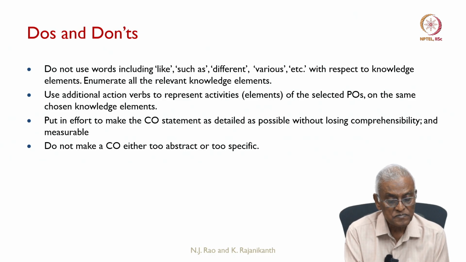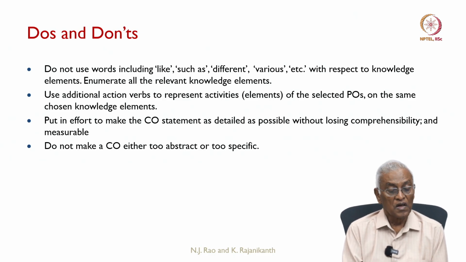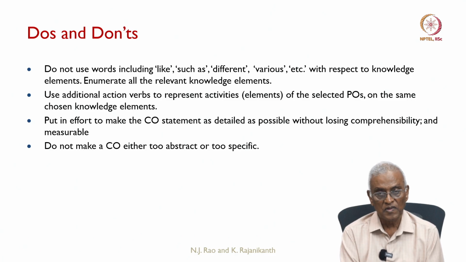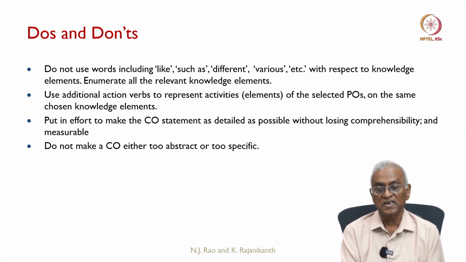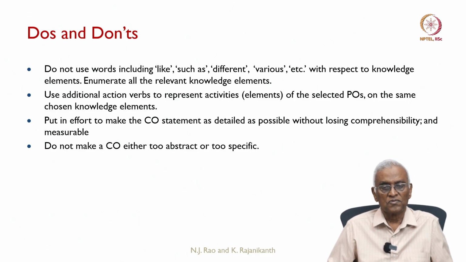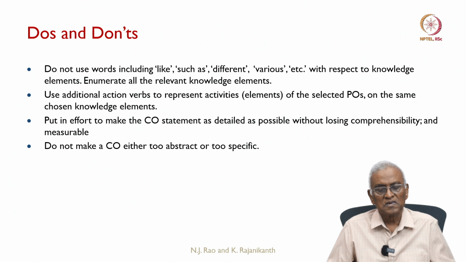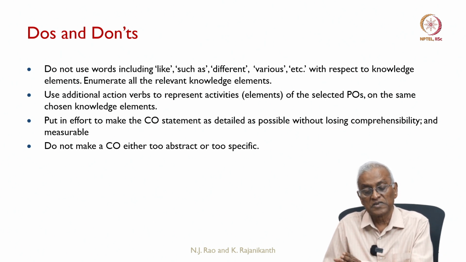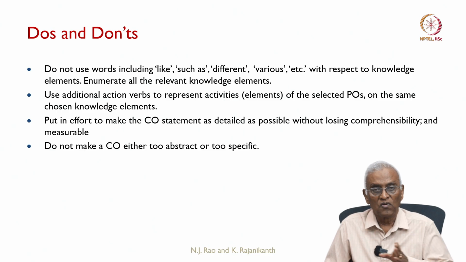Then use additional action verbs to represent activities, or what we call elements, of the selected POs, on the same chosen knowledge elements. So now you have two. You have one cognitive process, then you have a subset of POs, and then a subset of PSOs.